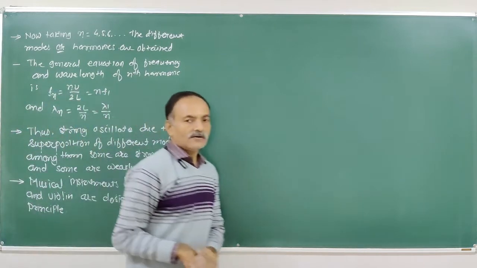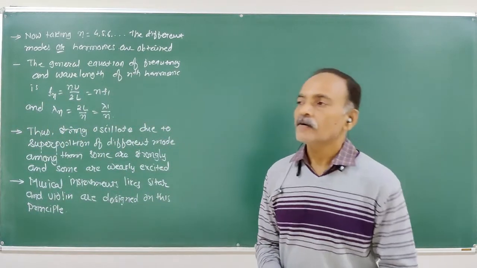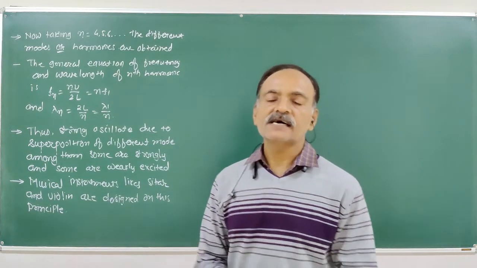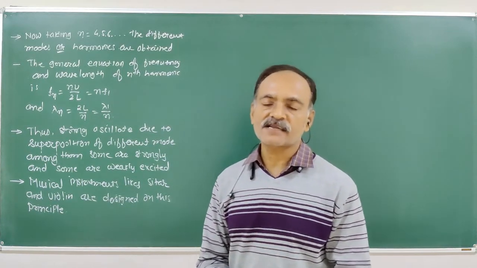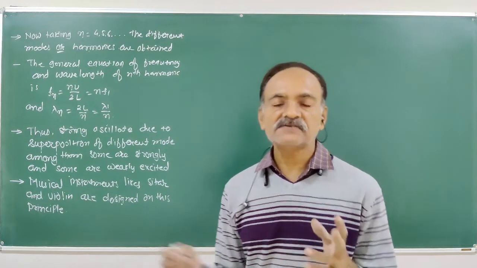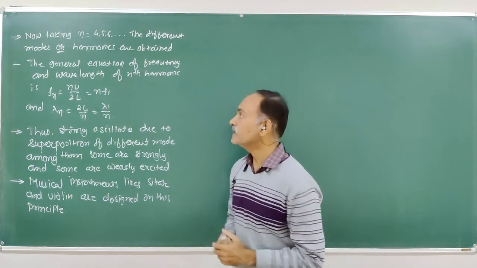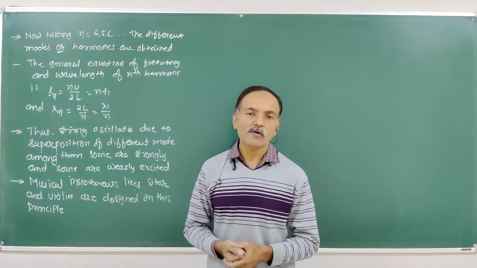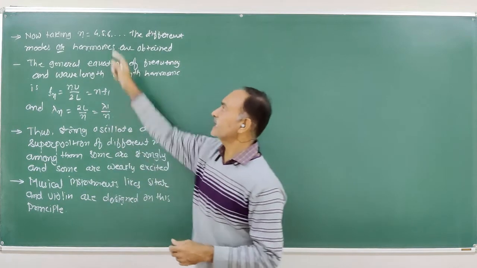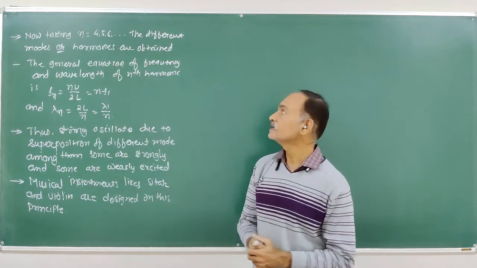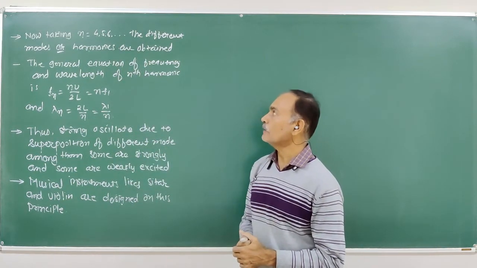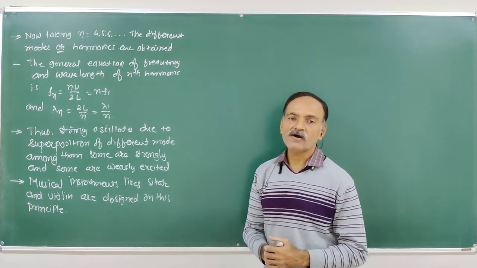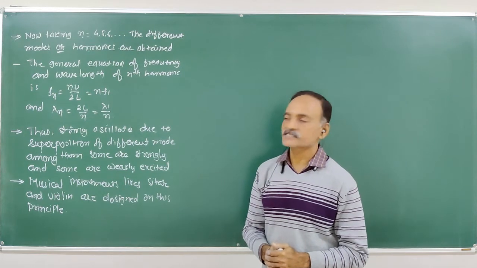Okay. Now, we derived the first, second, and third harmonic of oscillation. That means the string oscillates with the first, second, and third harmonics. Now, as you take different values of n in the equation of the frequency and wavelength, we obtain different modes of oscillation, like n equal to 4, 5, 6, the 4th, 5th, and 6th harmonics in the string.